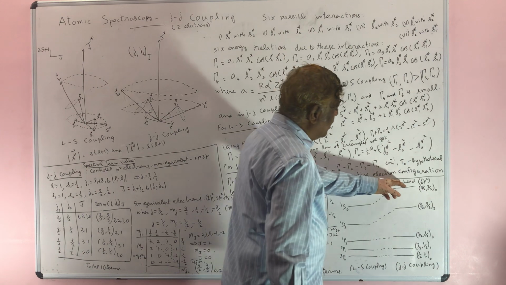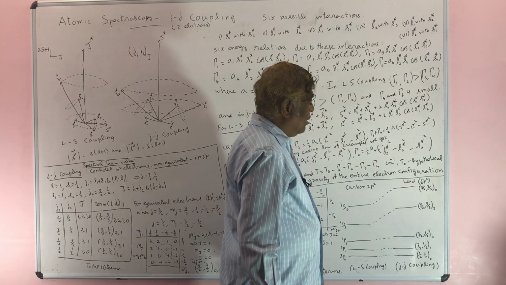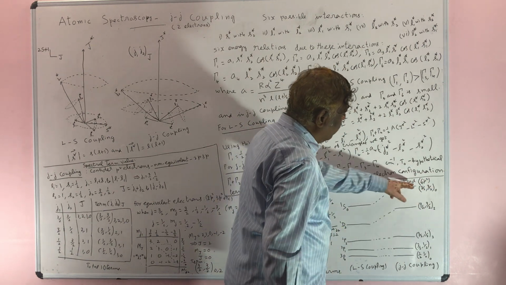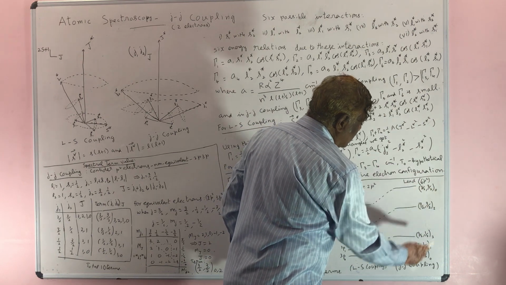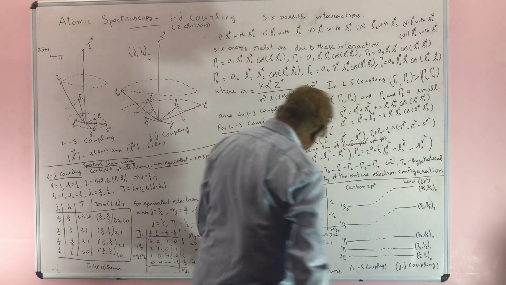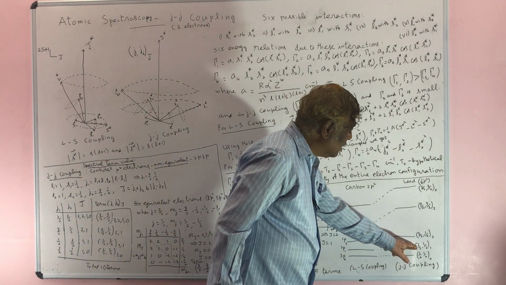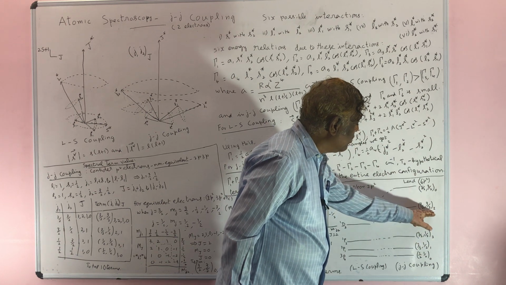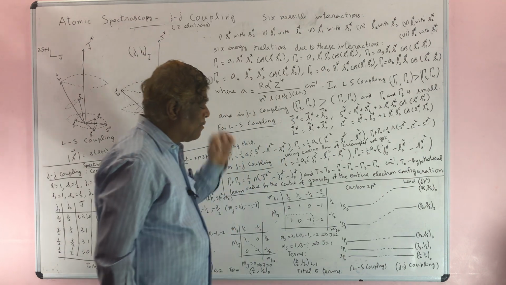In lead, the outermost orbit is 6p square, which is also an incomplete shell. Since it is a 2 electron system, there are 5 levels, which we have already calculated: half half with J of 0, 3 by 2 half with 1, 3 by 2 half with 2, 3 by 2 3 by 2 with 2, and 3 by 2 3 by 2 with 0. So these are the 5 levels.